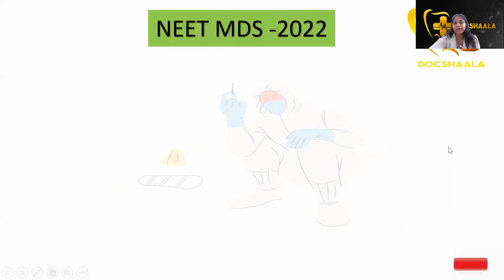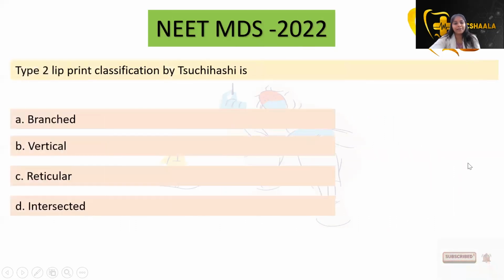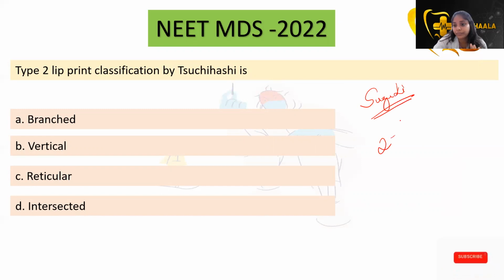Then coming to a question that was asked in our recent NEET exam: the type 2 lip print classification by Tsuchiashi is... Tsuchiashi didn't classify anything alone; he did it along with Suzuki. So type 2 lip print is: A, branched; B, vertical; C, reticular; or D, intersected?